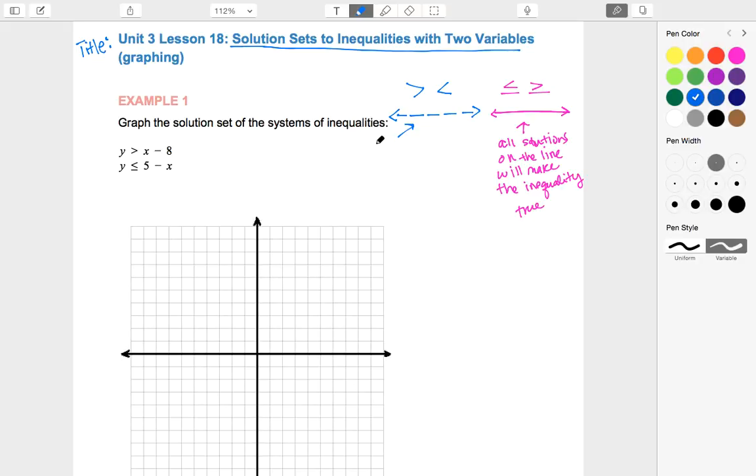So in this case, it's more of a boundary, so that way you all know that we're not including those points as part of the solution set. Points on a dashed line are not included in the solution set.